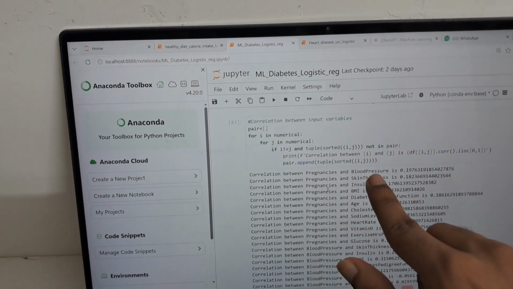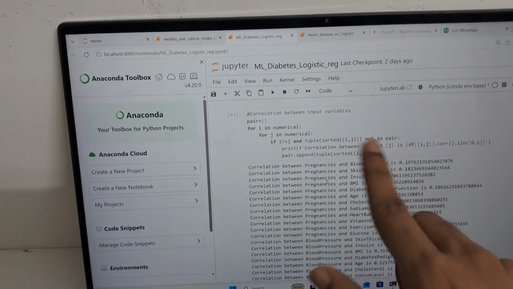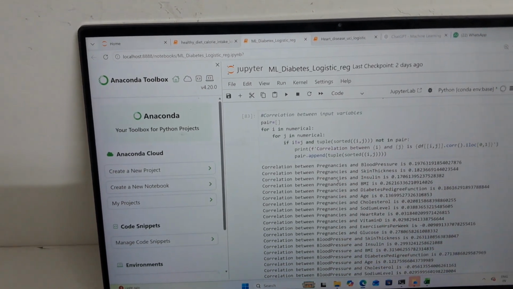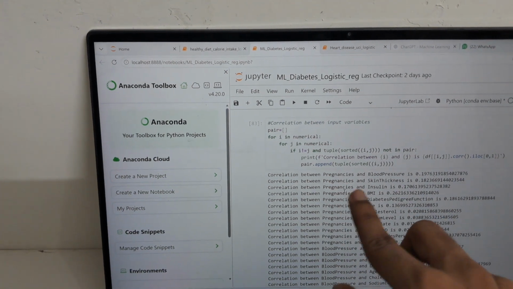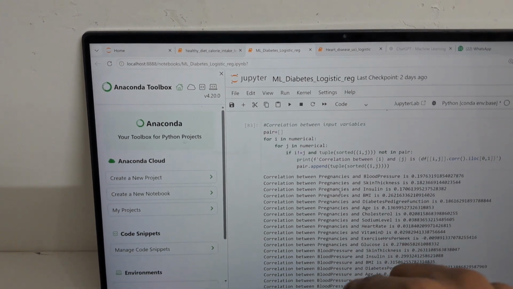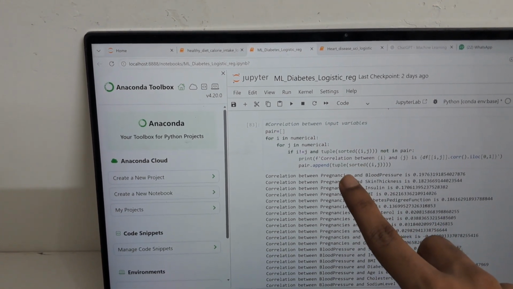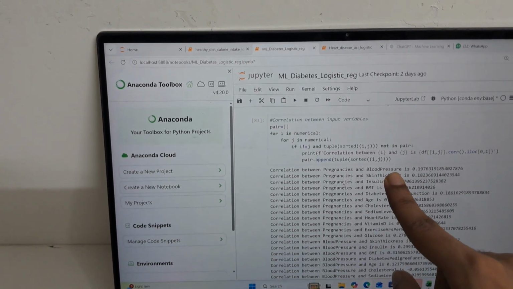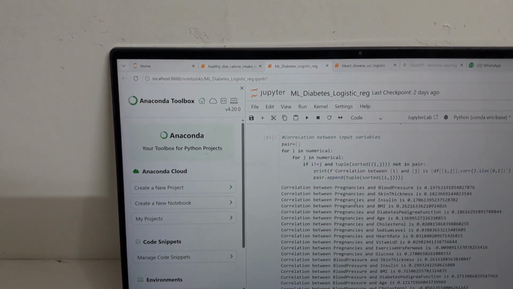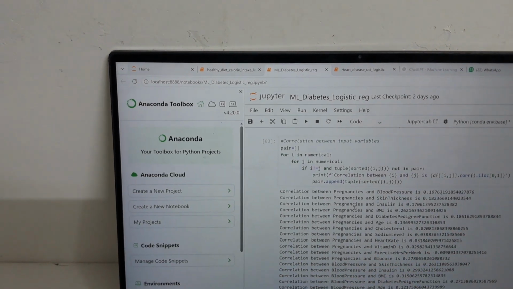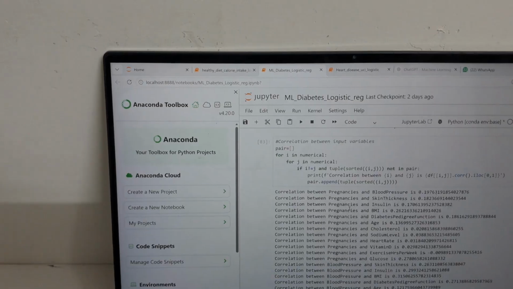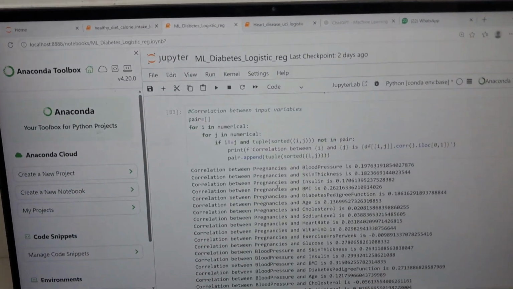So pregnancy and blood pressure both are unique. They are not influencing each other, so I need both values. If pregnancy is related to blood pressure, I mean if more pregnancies mean blood pressure also increases, then I can surely say that I don't need the extra blood pressure column. I'll remove the blood pressure column, for example.